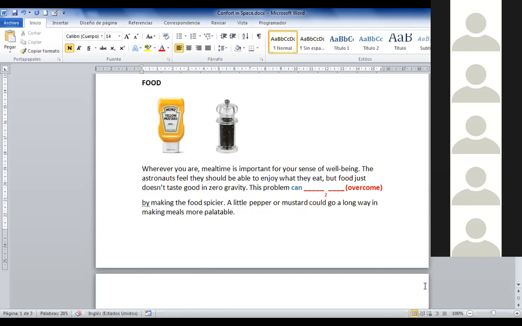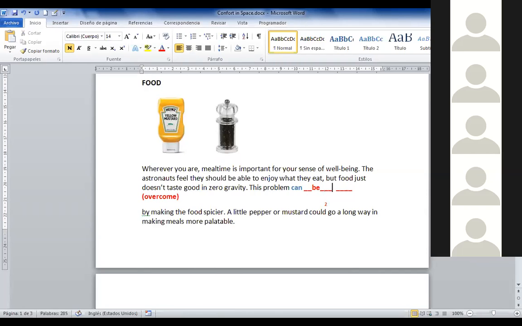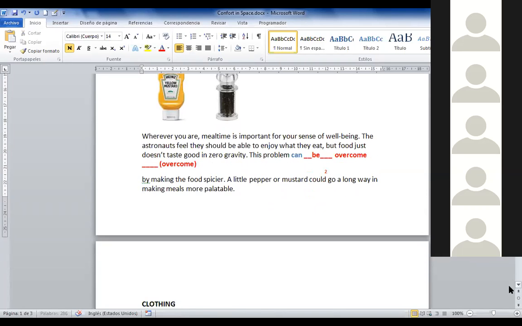This problem can be overcome by making the food spicier. A little pepper or mustard could go a long way in making meals more palatable. Exactly. Good.